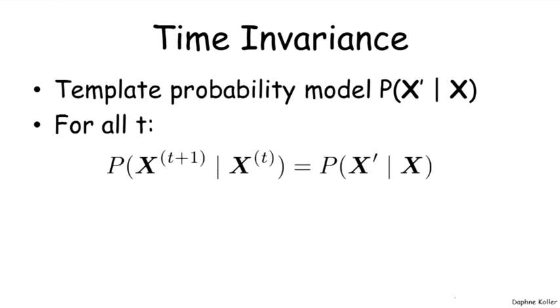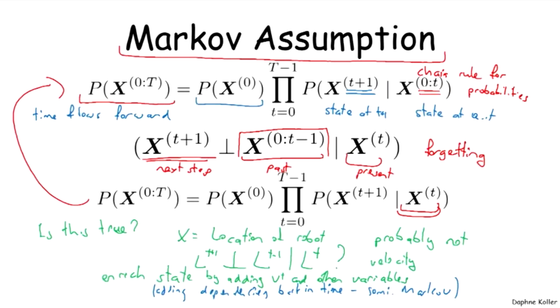The second big assumption that we are going to have to make in order to simplify the model is intended to deal with the question of, well, fine, so we've reduced the model to encoding a probability of x of t plus 1 given x of t. But it's still an unbounded number of conditional probabilities. Now at least each of them is compact, but there's still a probabilistic model for every t.